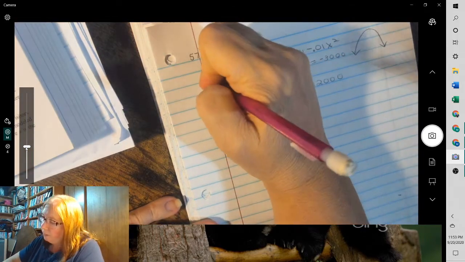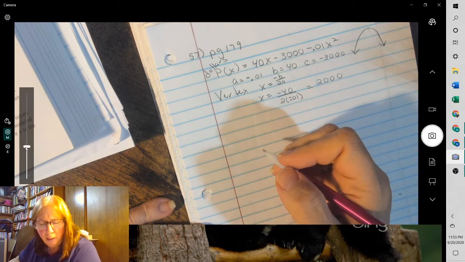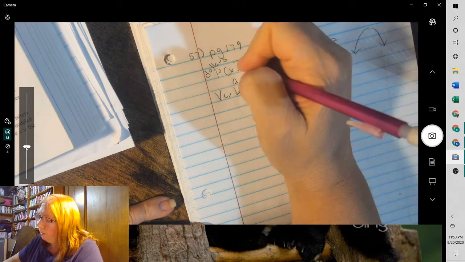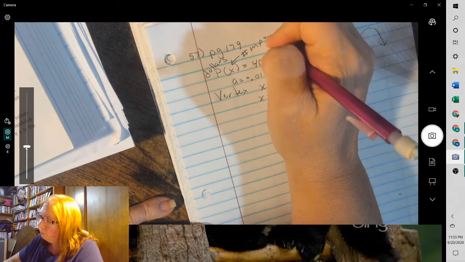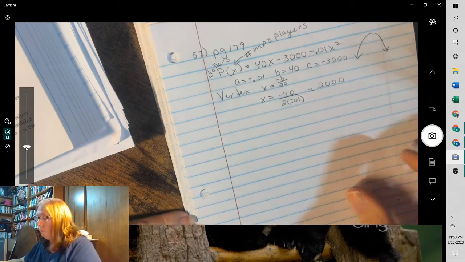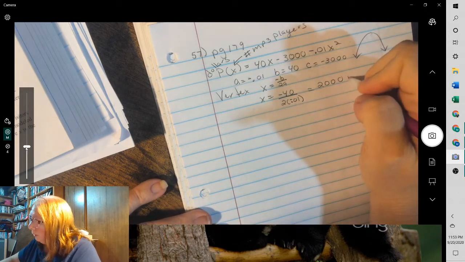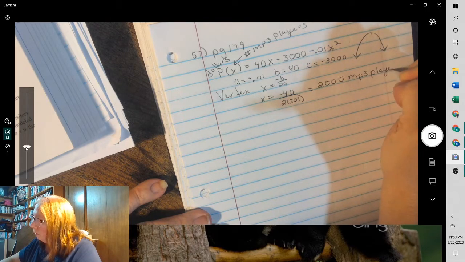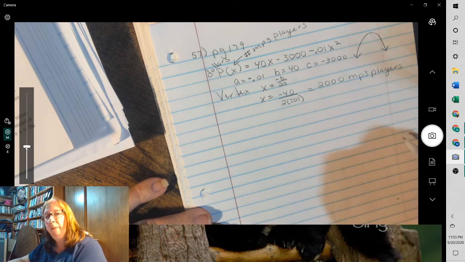Now, profit it said was dollars, and x it said was number of MP3 players. Well, this is x. So 2,000 MP3 players is what will give us a maximum profit.